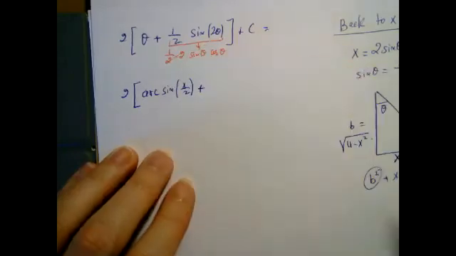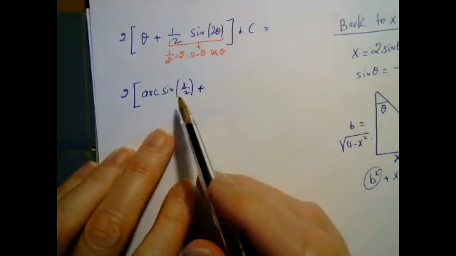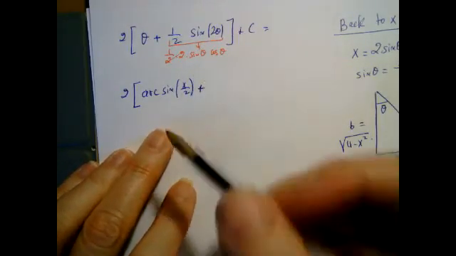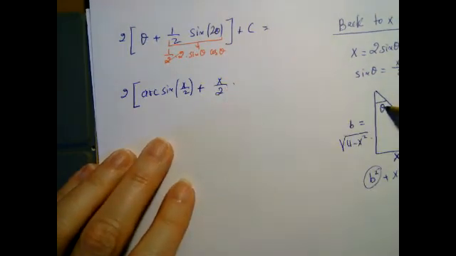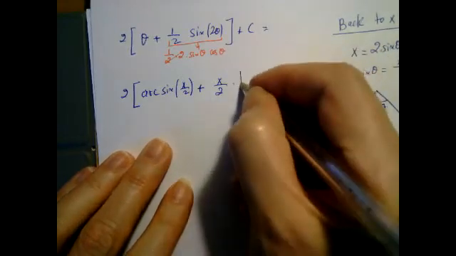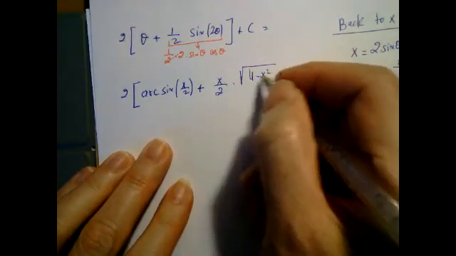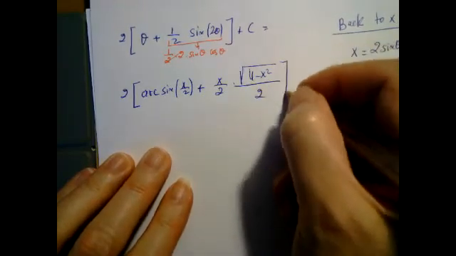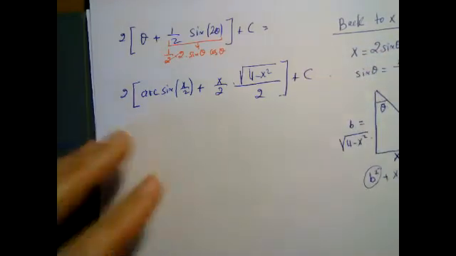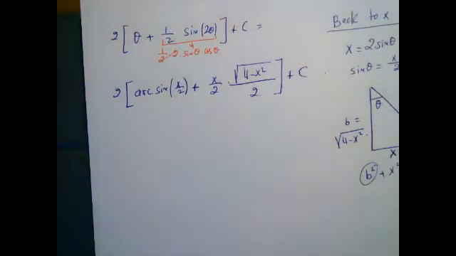Those two will simplify, and I will be left with sine theta, which is x over 2, times cosine. I go back to my picture. What is my cosine? Cosine is the adjacent over the hypotenuse, plus c. So basically, that's the integral.